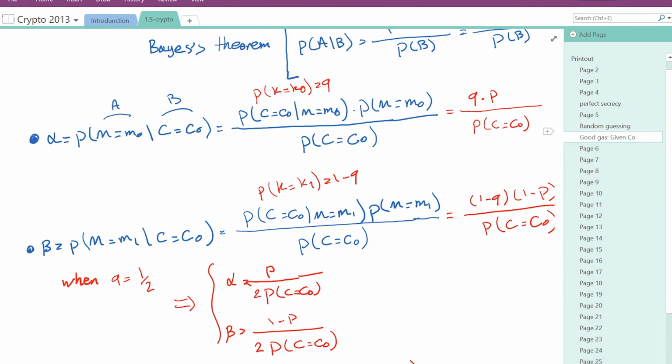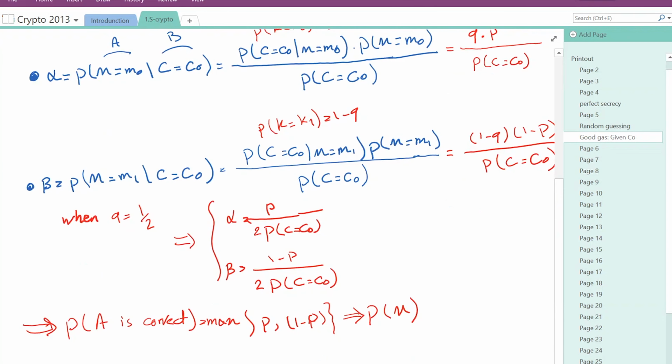Even though he used the computational tree to do all this computation, he ended up with the distribution of the message itself. So all this computation power that the attacker put in place did not help him at all. And therefore, our system is perfectly secure.